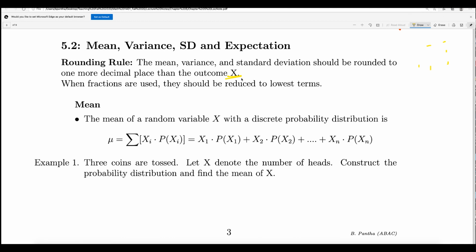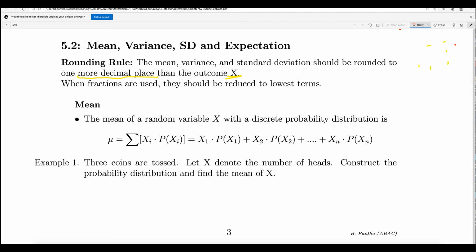If the values of the random variable are in one decimal place, then these values must be two decimal places. So it should be one more decimal place than the values of x. That is one thing we wanted to discuss here. Another thing is, when fractions are used, they should be reduced to the lowest terms.